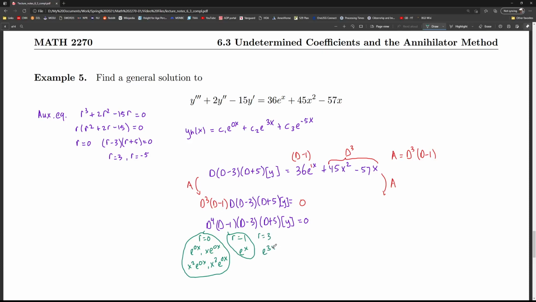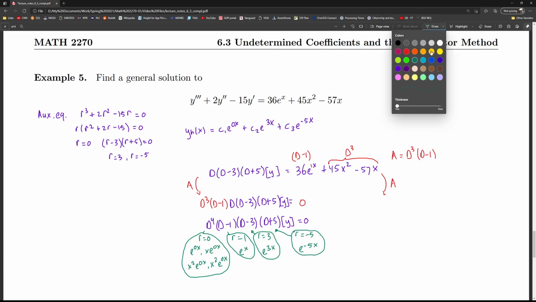And that's e to the power 3x. And then we have D plus 5, that's associated with r equals negative 5. And then that's associated with e to the power negative 5x.